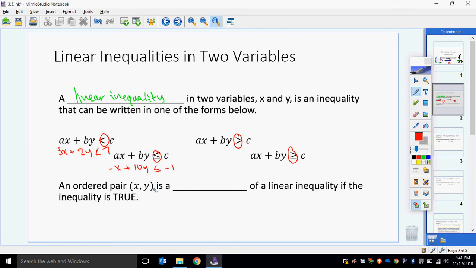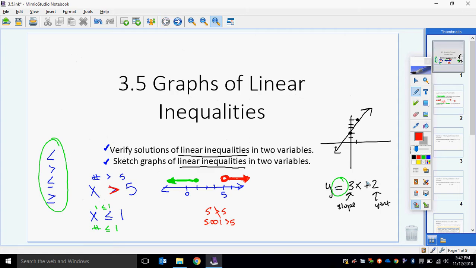So an ordered pair x, y, an ordered pair, that's the key part there, not just a number. An ordered pair is a solution of a linear inequality if the inequality holds true, right? So last section we decided, hey, is the point 1 comma 2 a solution for this line?